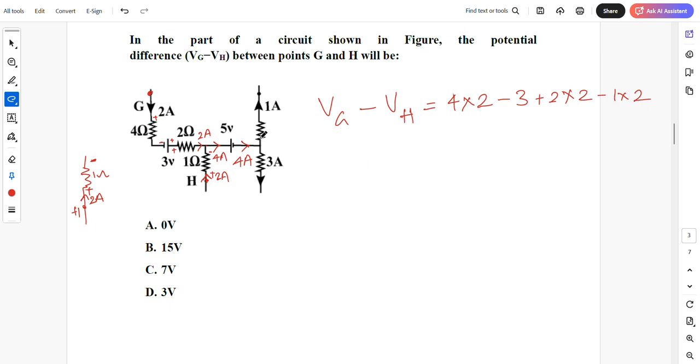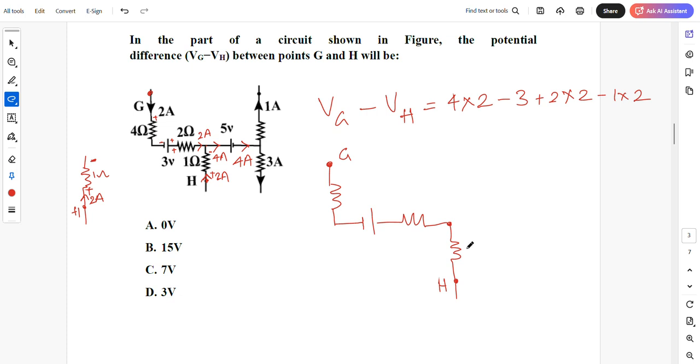If I come from G to H, this is G. Here is the 4 ohm, the voltage source, here 2 ohm, and this is 1 ohm, this is H, right?